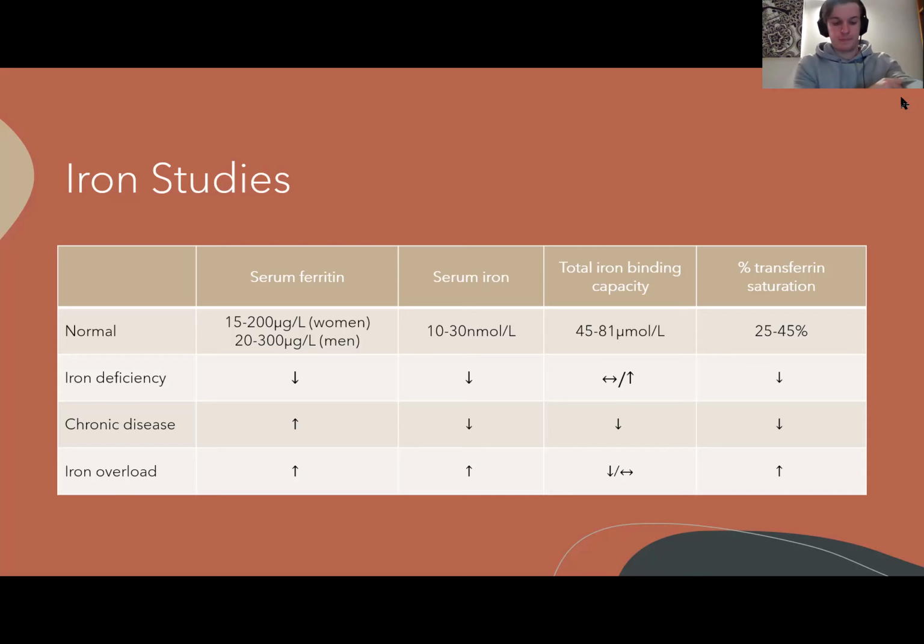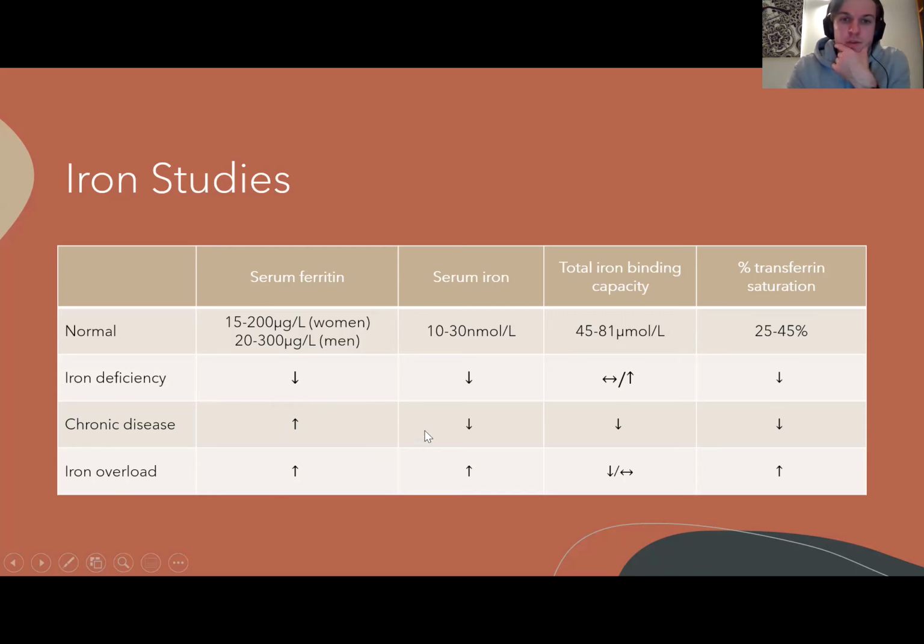If you see a low level of serum ferritin, you've confirmed a diagnosis of iron deficiency. If it's high, that may be down to an inflammatory reaction, so it doesn't necessarily rule it out, but a low ferritin does confirm iron deficiency anemia.